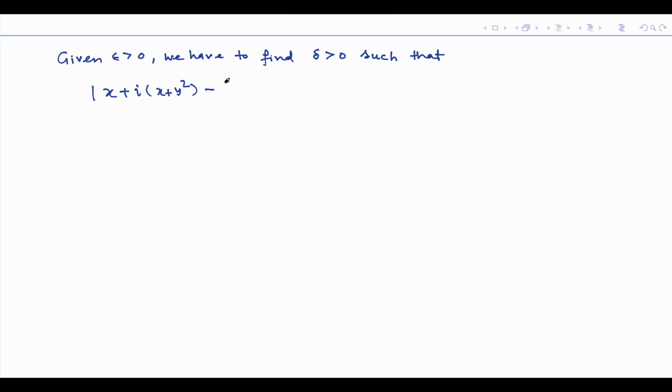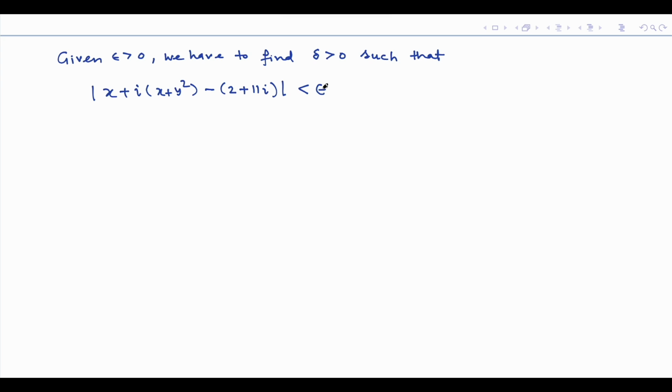So now we are going to say that given epsilon greater than 0, we have to find delta greater than 0, such that mod of x plus I times x plus y square minus 2 plus 11i, right, is less than epsilon.